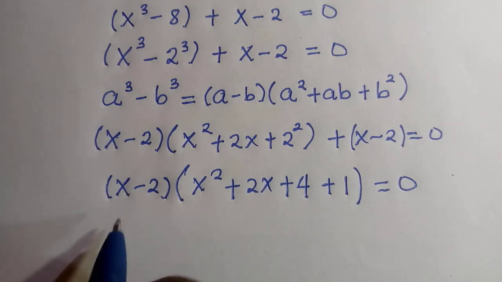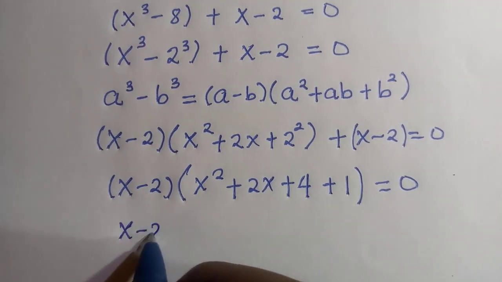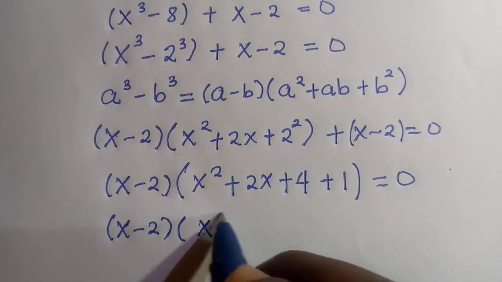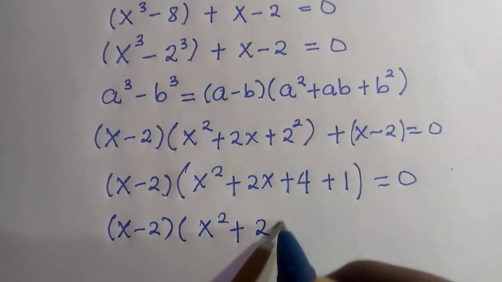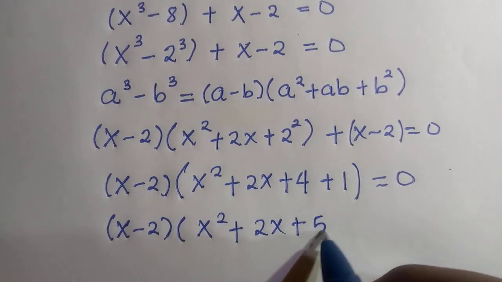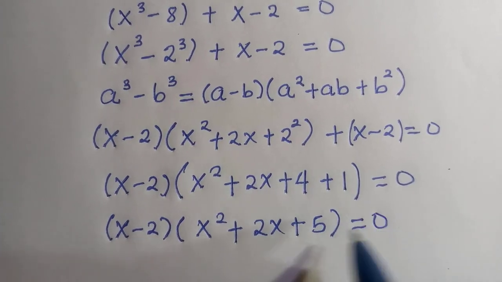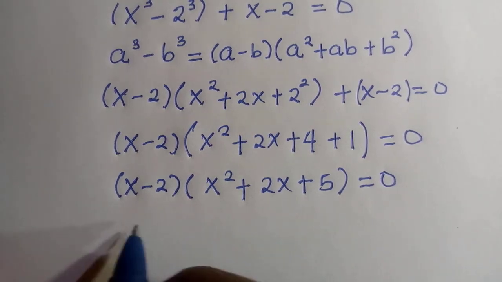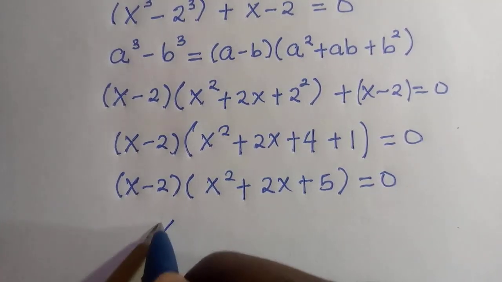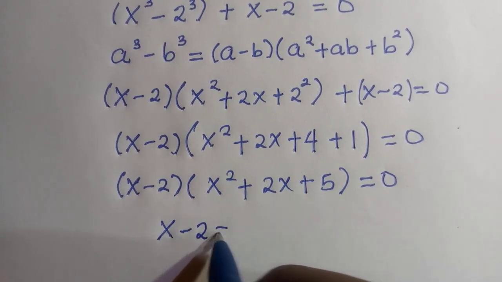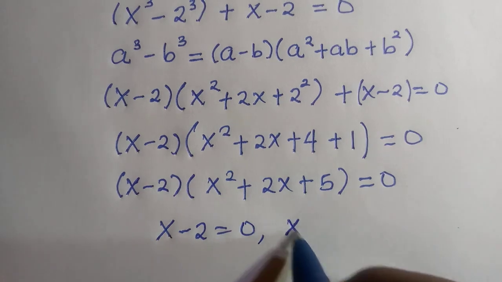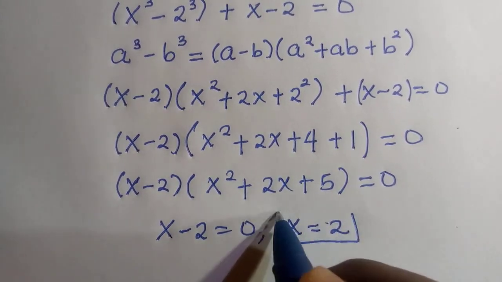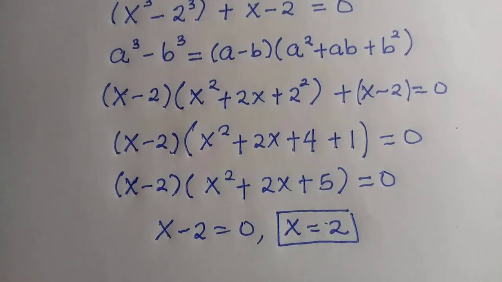So next we have x minus 2 in bracket, open bracket, x squared plus 2x plus 5 equals 0. So 4 plus 1 is 5. With this, we say that x minus 2 equals 0. Therefore, x equals 2, which is the first solution to this problem.